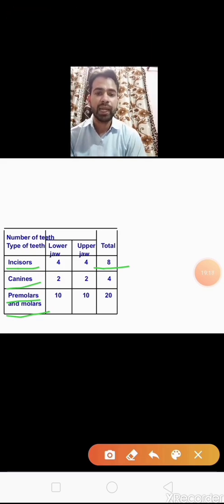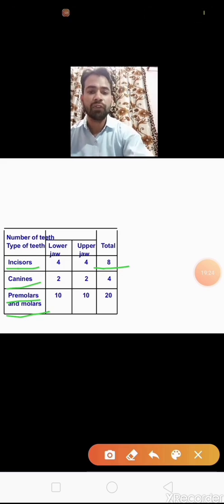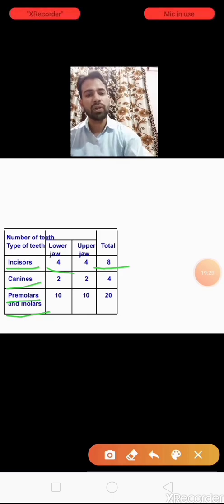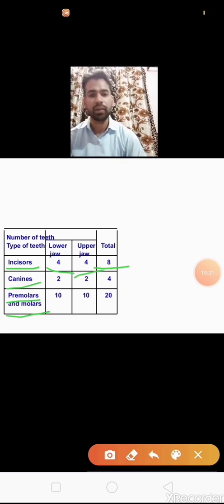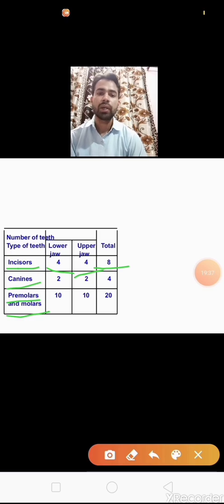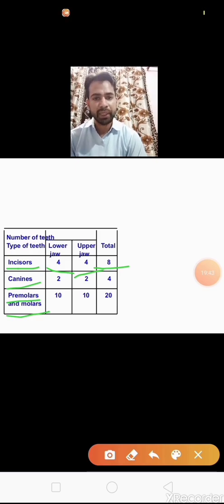We can say that 8 incisors are found in our mouth. 4 are found in the lower jaw and 4 in the upper jaw. Clear? I will show it in the picture also.